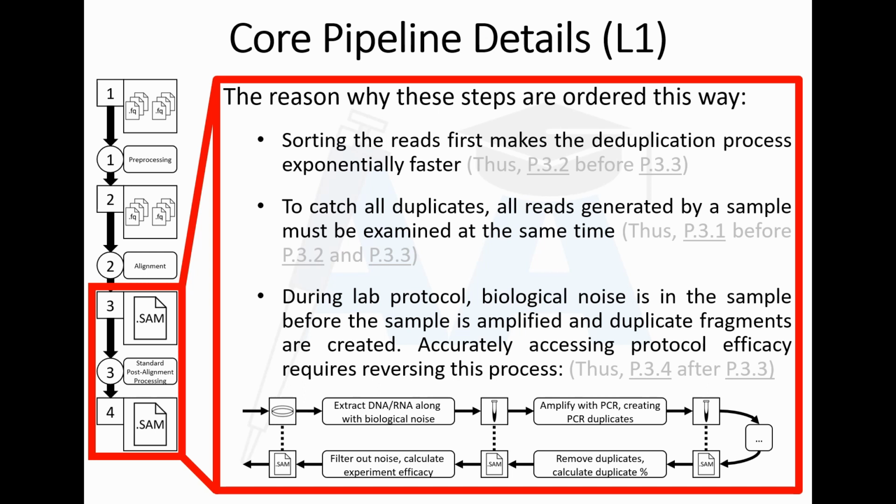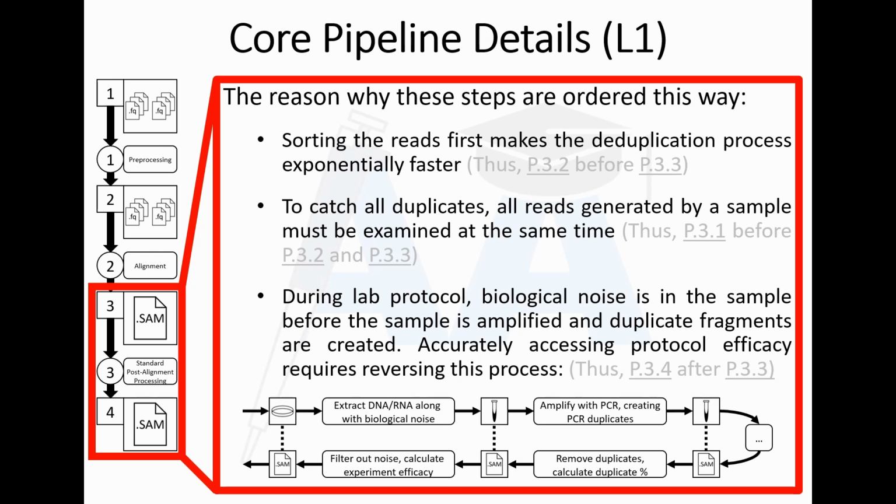It is because during sample prep for NGS, the data is extracted first before being amplified by PCR. Biological noise is present either before extraction or as a result of extraction, and that noise is amplified unevenly by PCR. Therefore, to calculate the true experiment efficacy, the data must first be deduplicated.